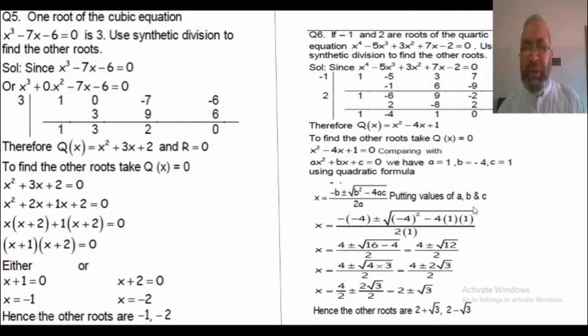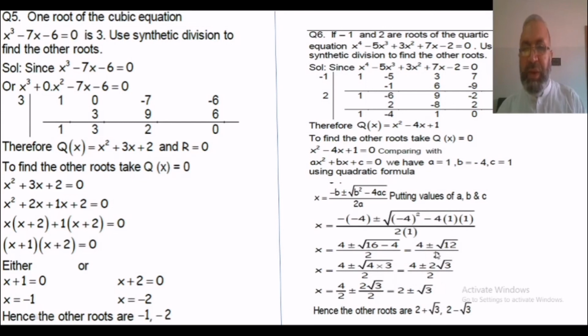Putting the values of a, b, c in the quadratic formula, we get x is equal to, by simplifying, minus minus 4 becomes plus 4, plus minus square root of minus 4 square, 16, minus 4, divided by 2. Simplifying, 4 plus minus the square root of 12, divided by 2.